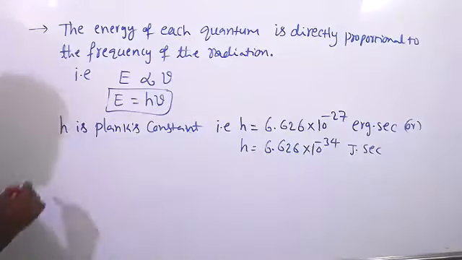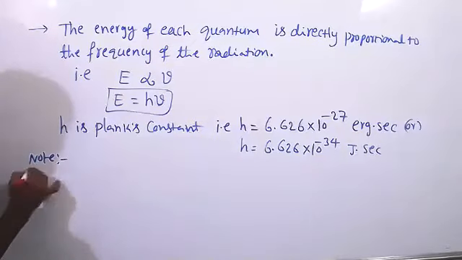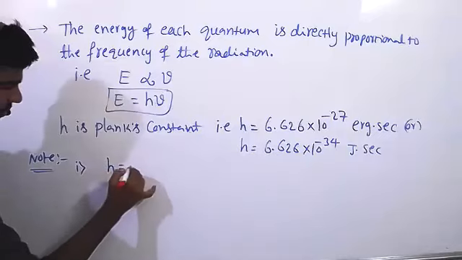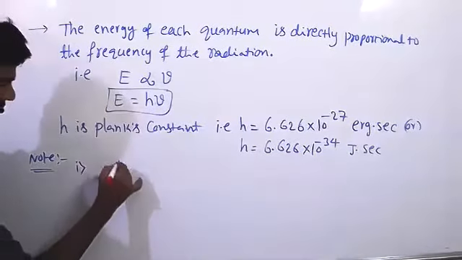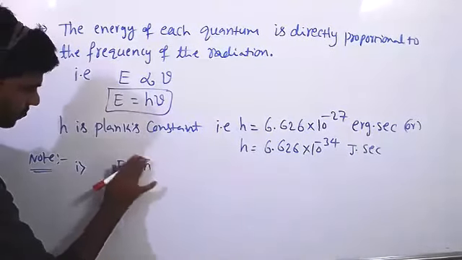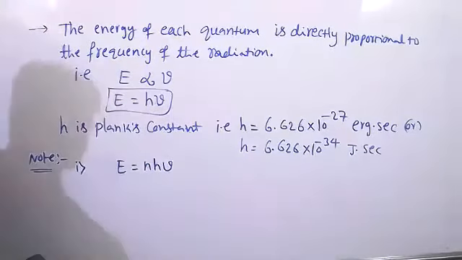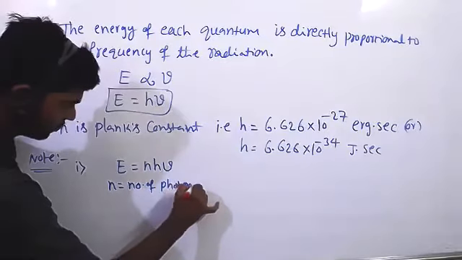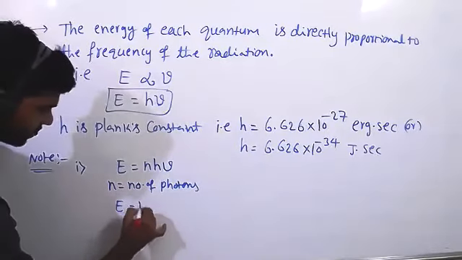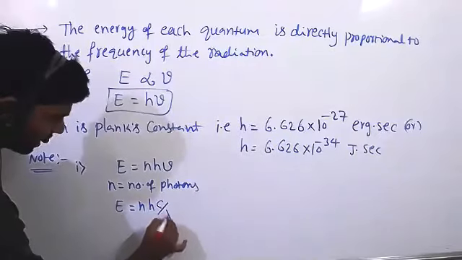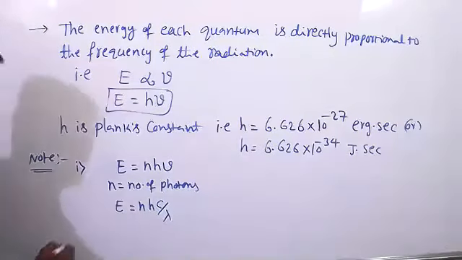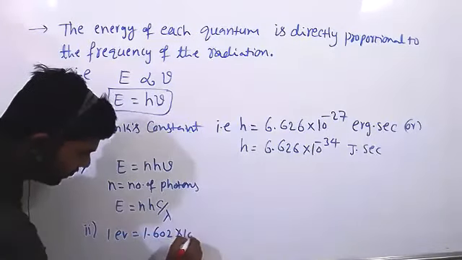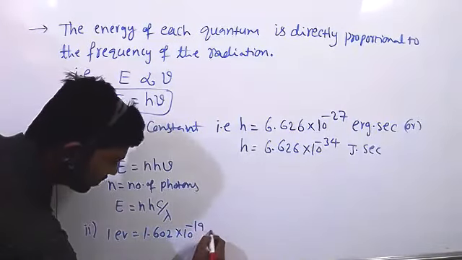Put the subheading formulas. Under this we can write our first one, E is equal to n h nu. Here n is the number of photons. Further you can write E is equal to n h c by lambda instead of nu. That's one formula. And 1 electron volt is equal to 1.602 into 10 power minus 19 joules.